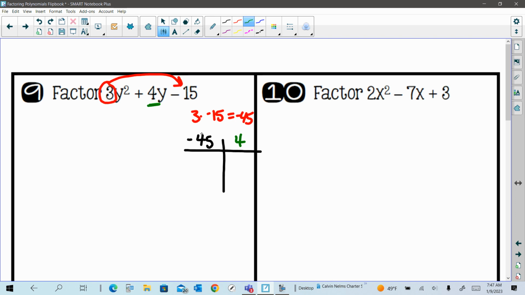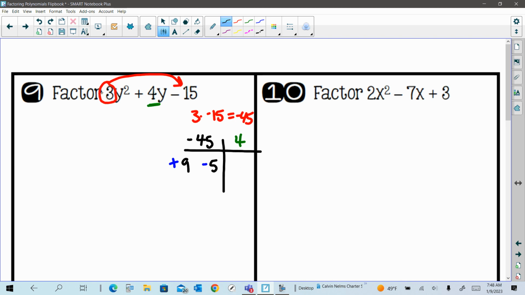Now, because it's negative, right off the bat, I know one is going to be positive and one's going to be negative. That's the only way you can get a negative product. So this would have to be a positive 9 and a negative 5, because this adds up to be our 4.